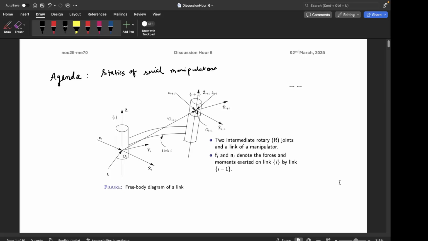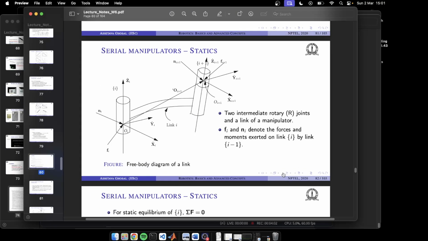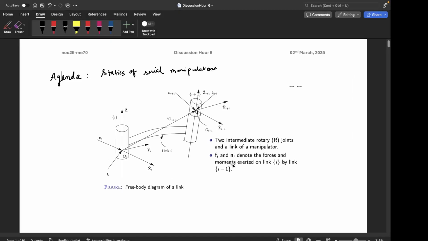Last week, we discussed the kinematics of serial manipulators. Specifically, we saw how to relate the joint velocities with the end effector velocities, and we focused on the special matrix called the Jacobian, which relates the quantities in the joint space to quantities in the Cartesian space. We also discussed how the Jacobian can be computed in different ways.